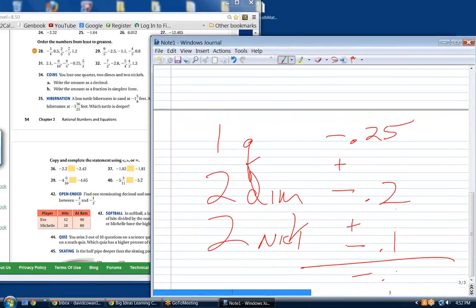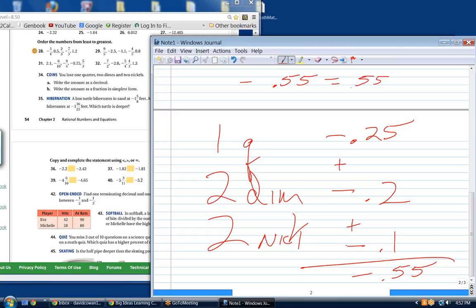So what's this total? The total would be negative 0.55. Okay. All right, and then write the amount as a fraction in simplest form. So how do I convert it? The negative is just going to carry forward, but how do I convert 0.55 back into a fraction and simplify it? So you do 0.55 over 100.